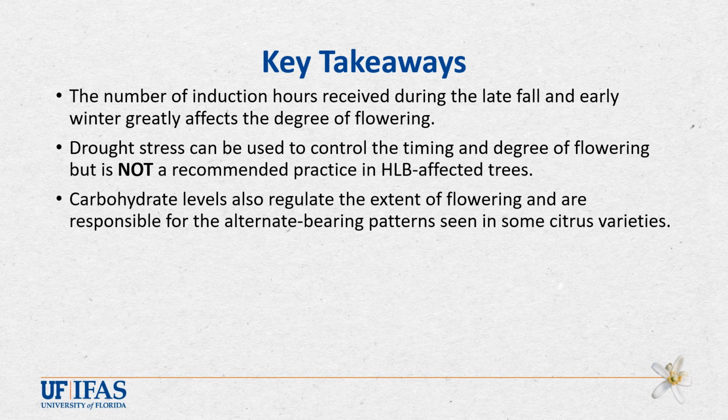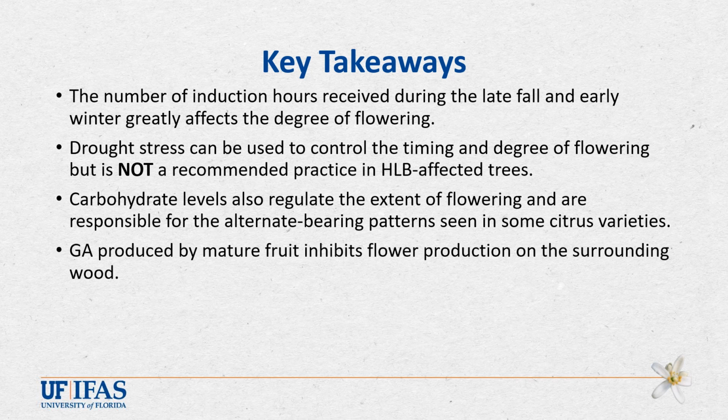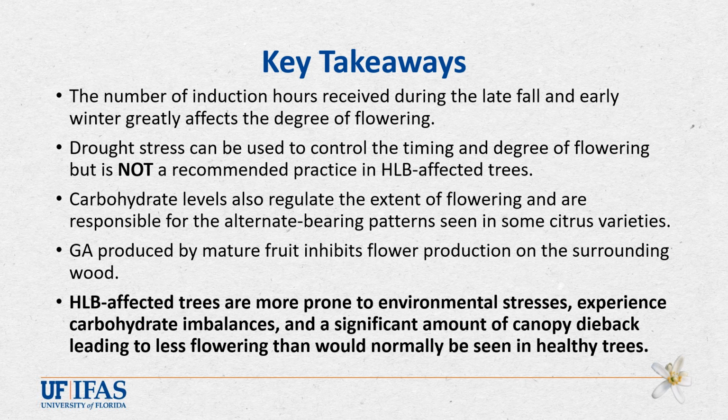Carbohydrate levels also regulate the extent of flowering and are responsible for the alternate bearing patterns seen in some citrus varieties. GA produced by mature fruit inhibits flower production on the surrounding wood. HLB-affected trees are more prone to environmental stresses, experience carbohydrate imbalances, and a significant amount of canopy dieback, leading to less flowering than would normally be seen in healthy trees.